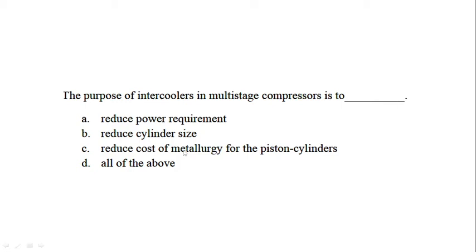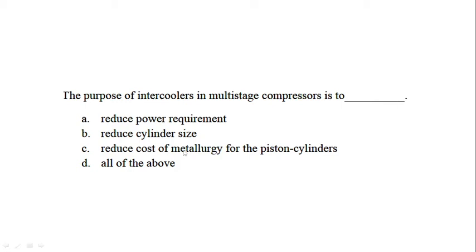If this is compressor one, which is at low pressure, and we cool it using cooling water, and then feed it to compressor 2, given by C2, if we use this type of system, then we are able to get a nearly isothermal process. This is obtained from the thermodynamics book.